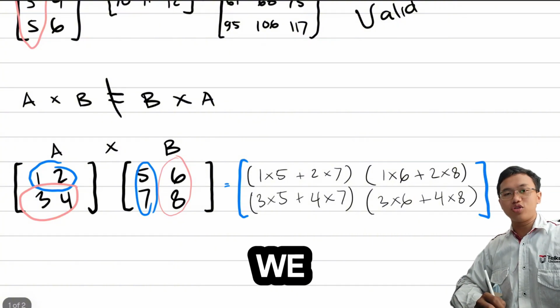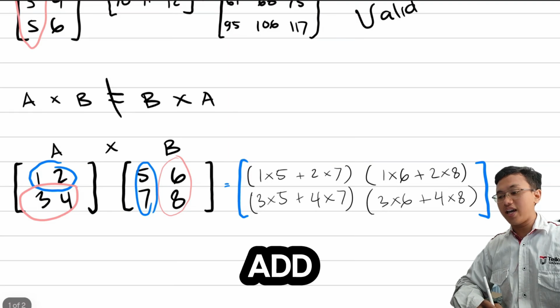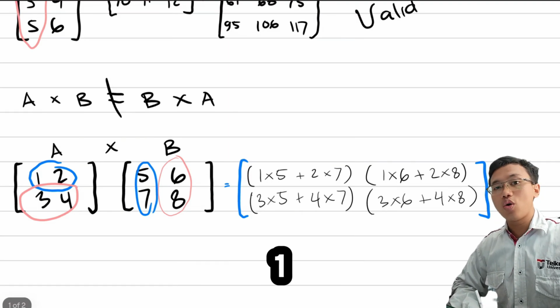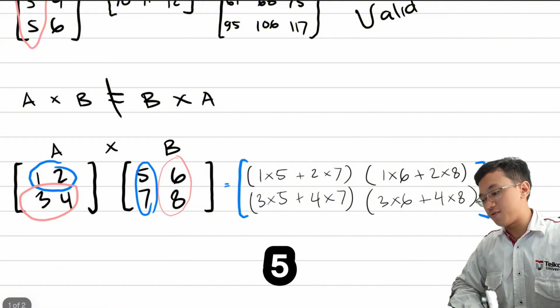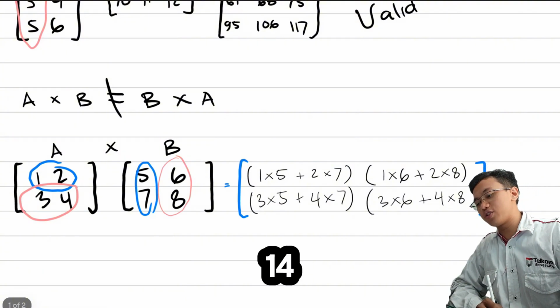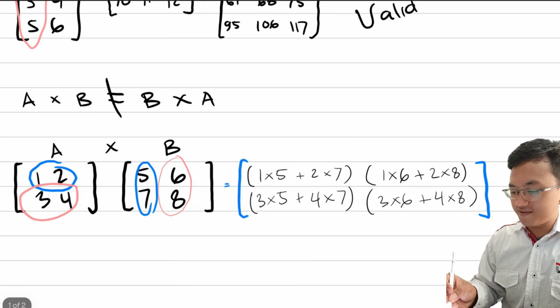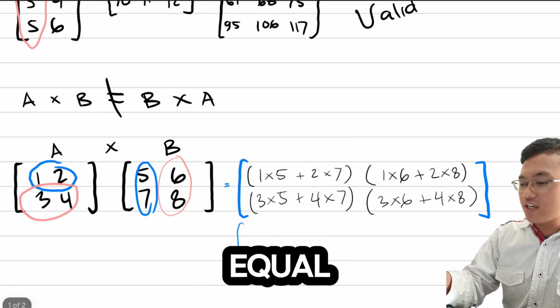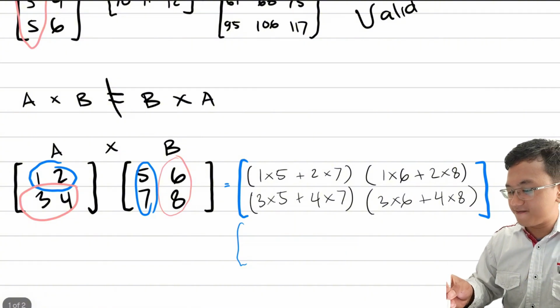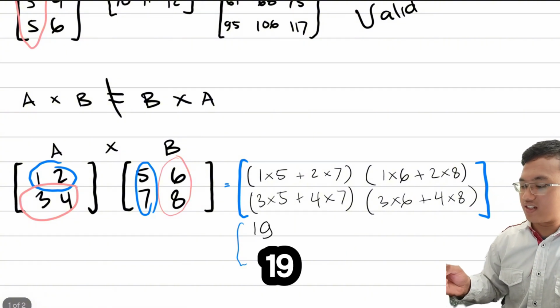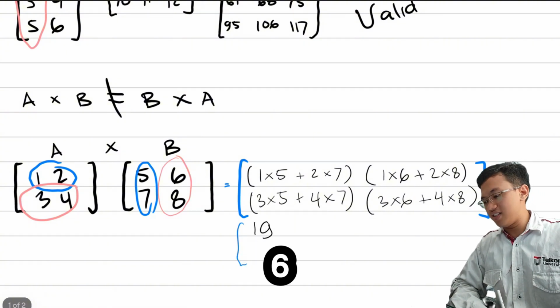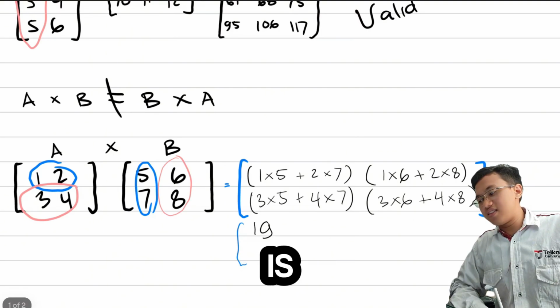From here, we continue to multiply and add all of them. 1 times 5 is 5. 2 times 7 is 14. 14 plus 5 equals 19. 1 times 6 is 6. 2 times 8 is 16.